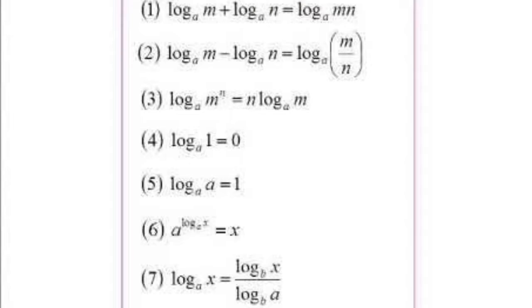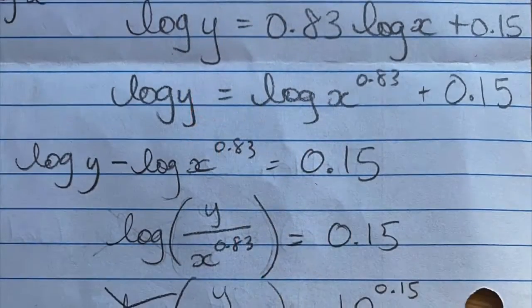Now, what we can do using our log laws again, these are very important, and I suggest that you write them down in your notebook because it's always very helpful to go back to them at any time that you need. Right, what we can do is we can combine these logs. So we do log y divided by x to the power of 0.83.